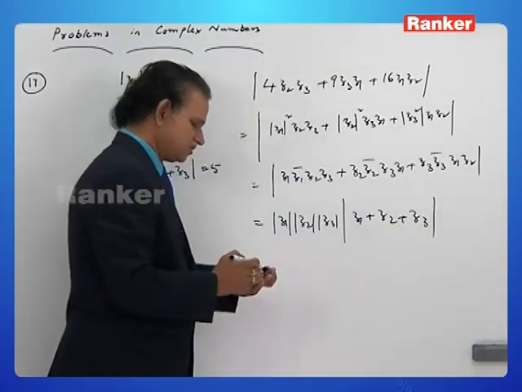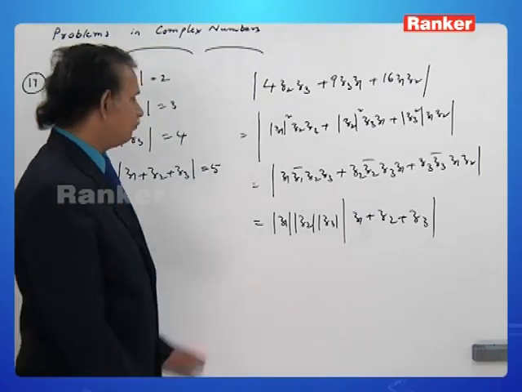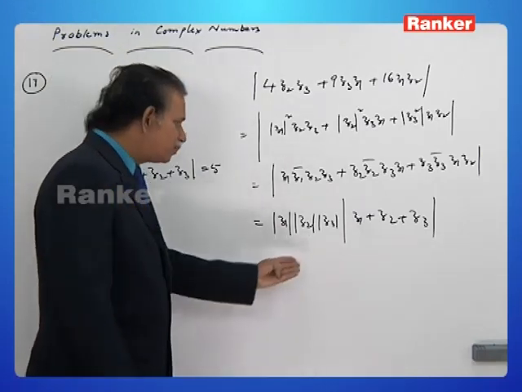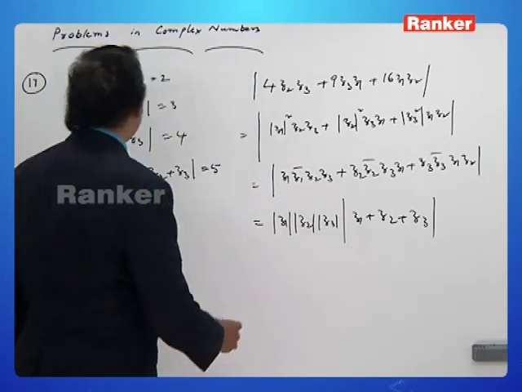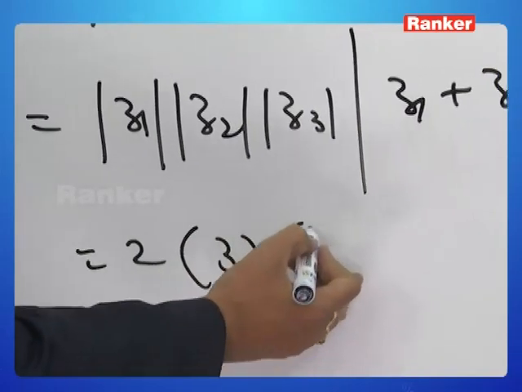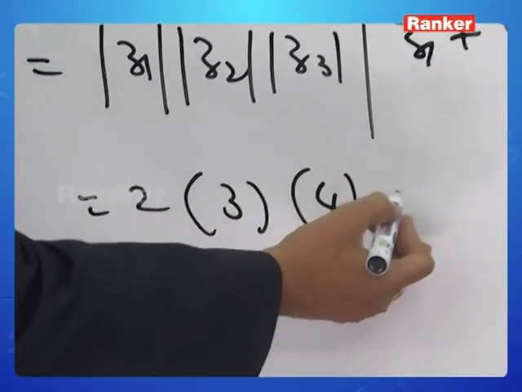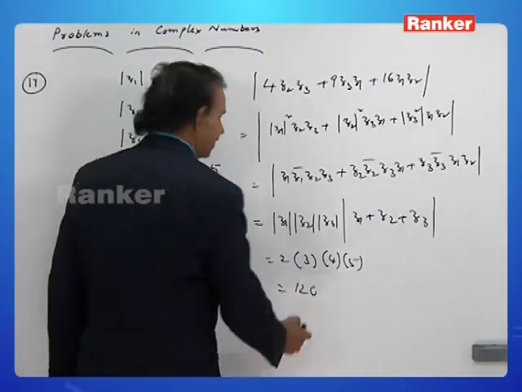You can easily observe. So that we know the value of every piece present on the right hand side. What is mod Z1? It is 2. What is mod Z2? It is 3. What is mod Z3? It is 4. What is mod (Z1 plus Z2 plus Z3)? It is 5. So the total answer becomes 120.